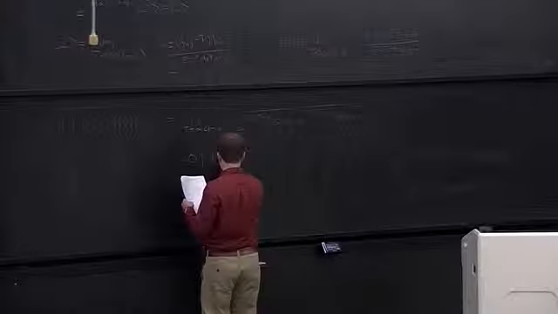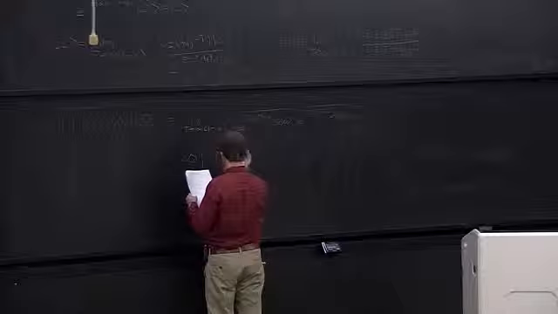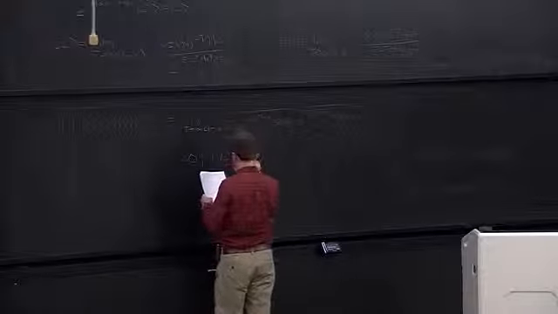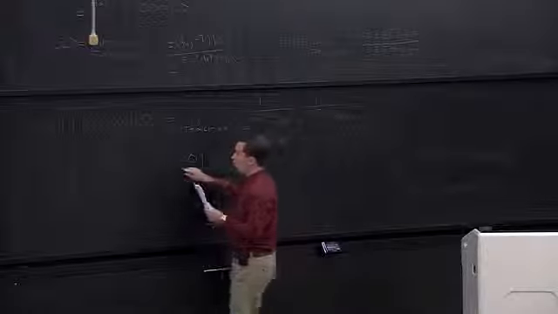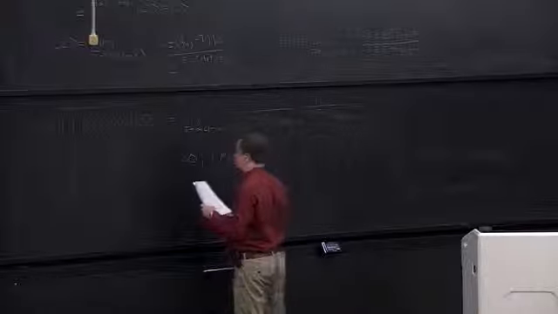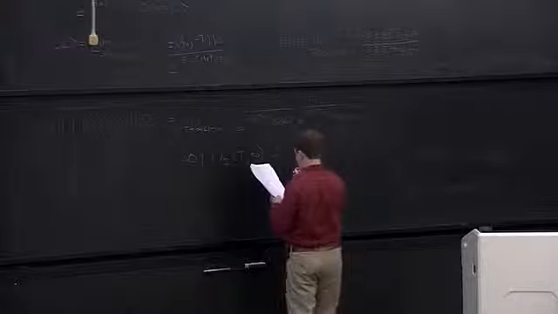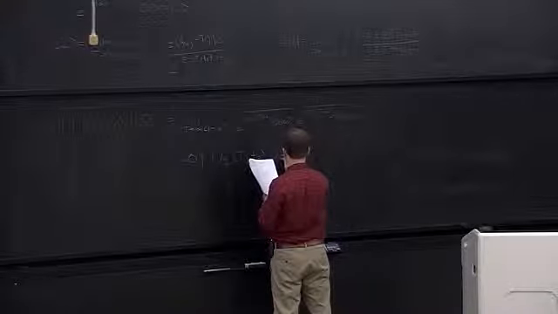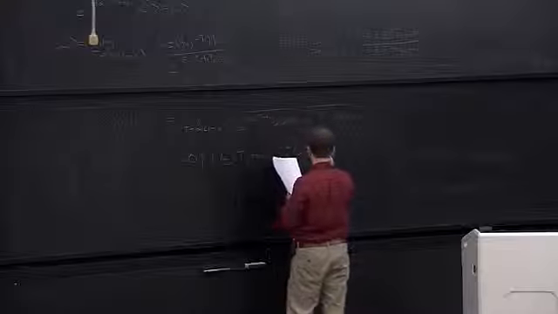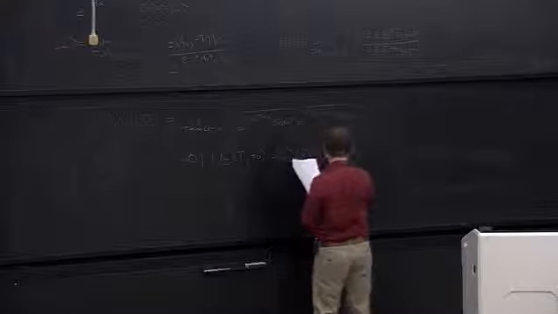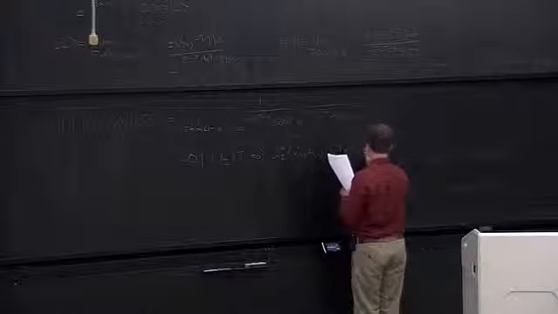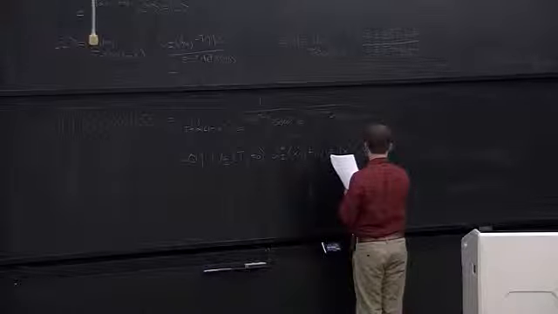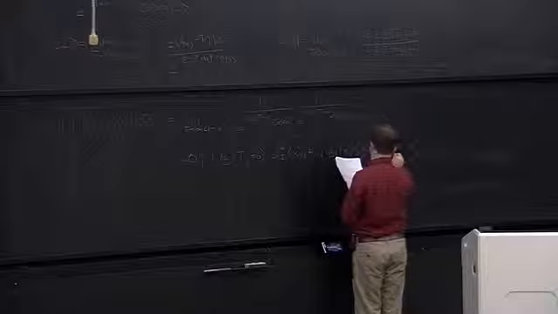Then we have U_I of t naught. Then writing the field in the interaction picture, the field is equal to U_I dagger x naught t naught, phi_I of x, U_I of x naught t naught.